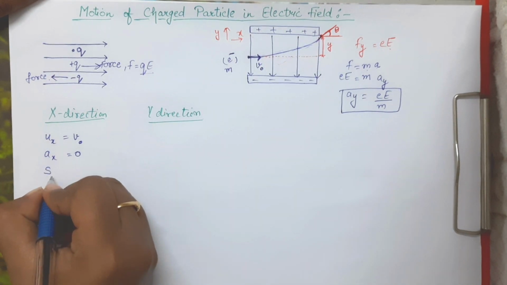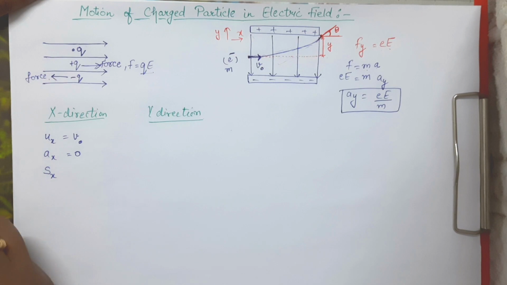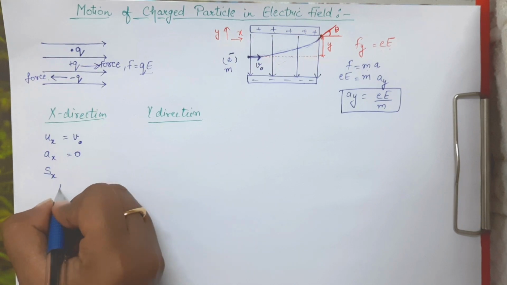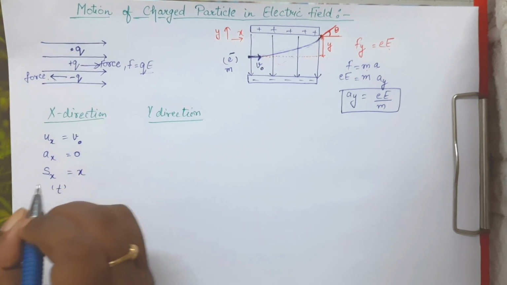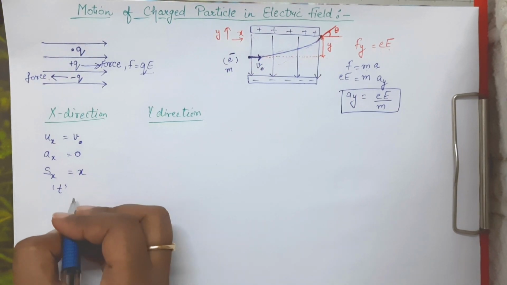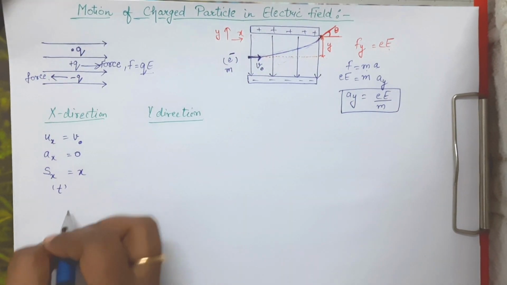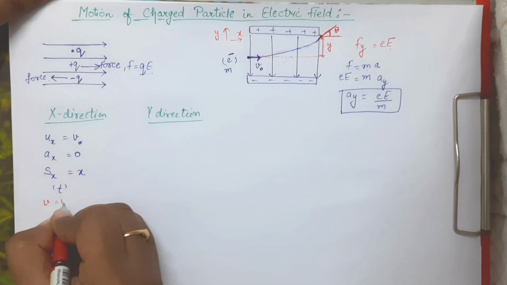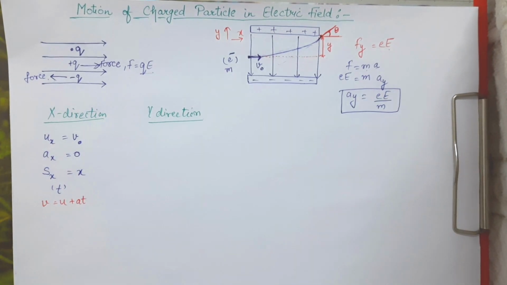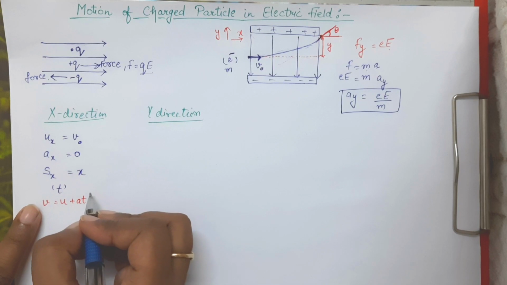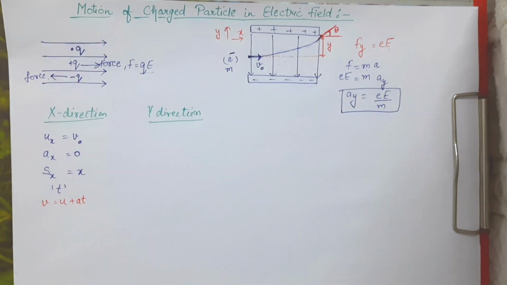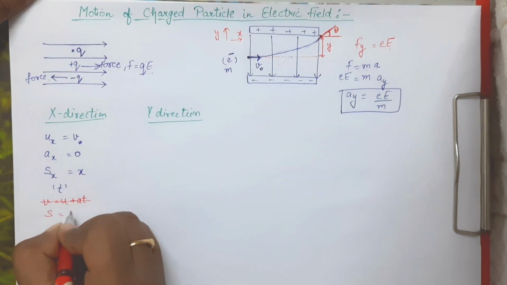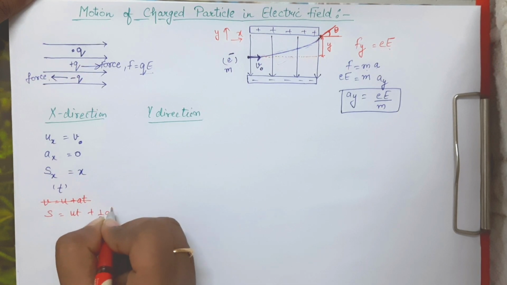Now if I talk about displacement along x direction, suppose displacement along x direction at time t is equal to x, okay? So first of all we will apply s equals ut plus half at square.